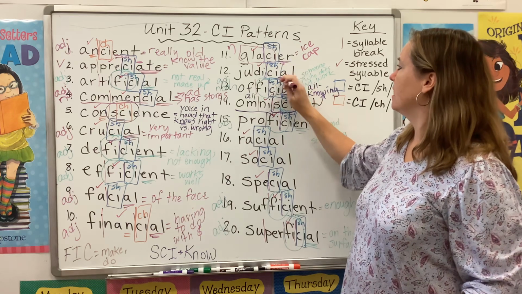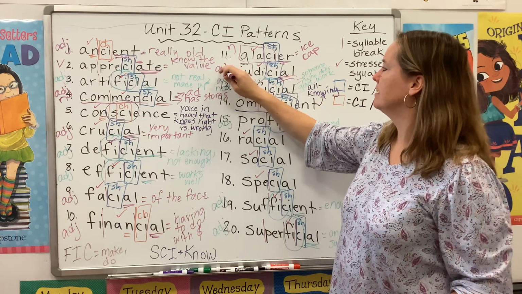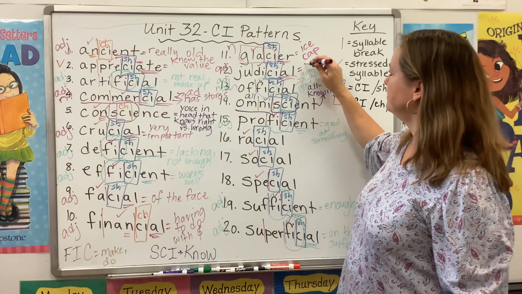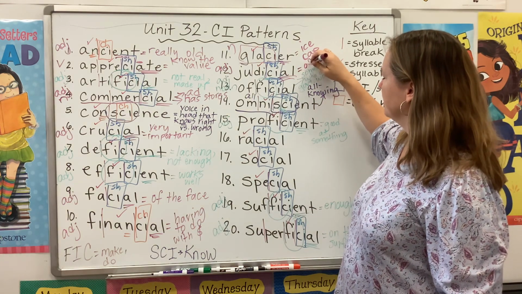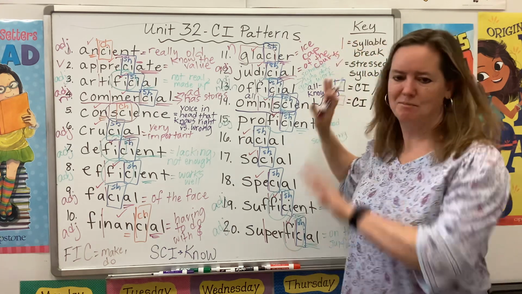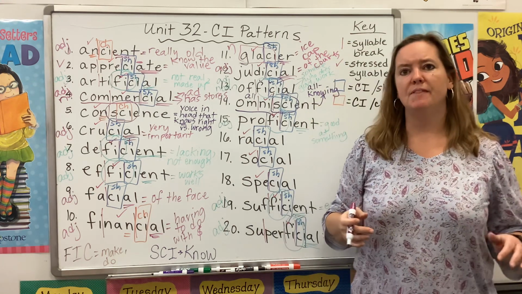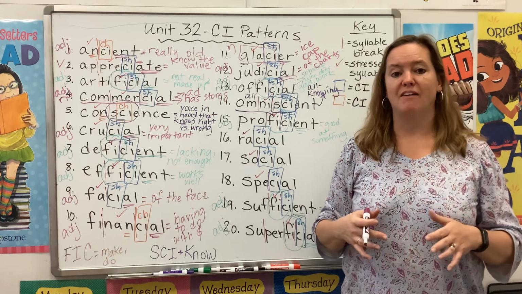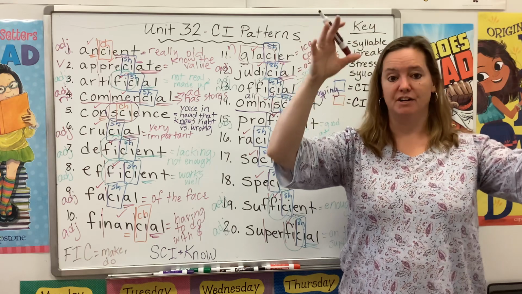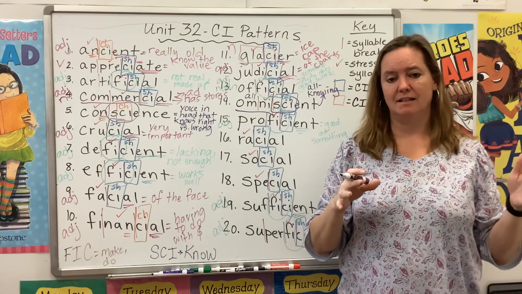Judicial, there's another adjective. Judicial means like of the courts, like law. If you think about our branches of government, we have the executive branch. That's the president or the governor, if we're talking about the state level.